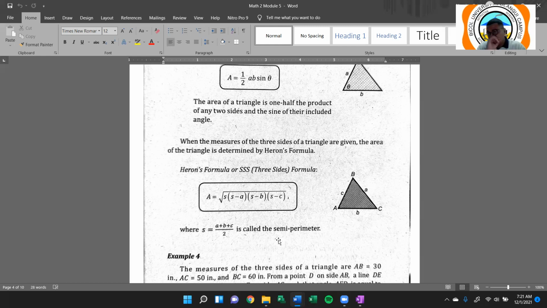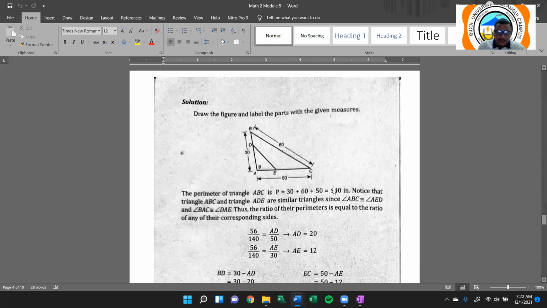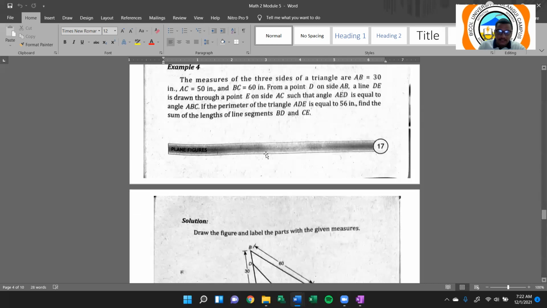You need at least a given side. A special case is the right triangle, because you already have a given angle, the 90 degrees. So you need only two additional givens in order to solve all the missing parts.